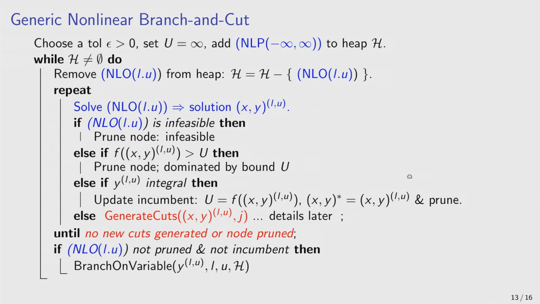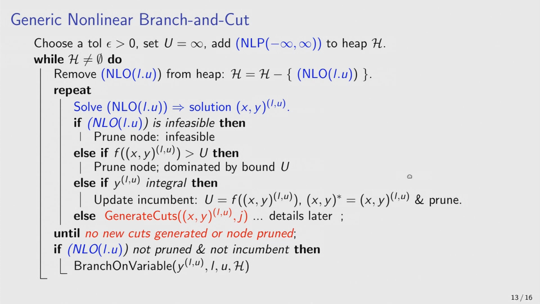And then crucially, if the binary or the integer variables are actually integral, then I can update my incumbent. So I now have a new best point. So my new upper bound is then the solution that I generated. And otherwise, I'm going to generate some cuts, for example, outer approximation cuts.